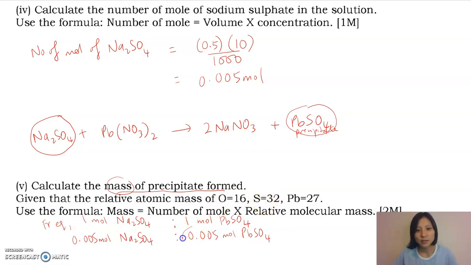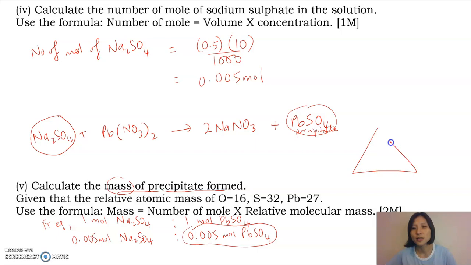From here, we can use the triangle formula to find mass. The question is asking us to look for mass. So mass is equal to number of mole times molar mass. And how do we get molar mass?